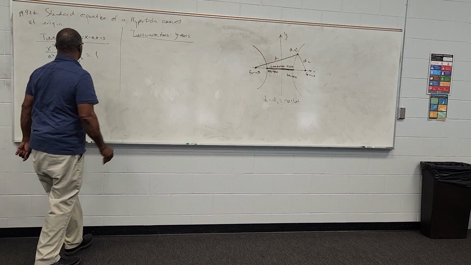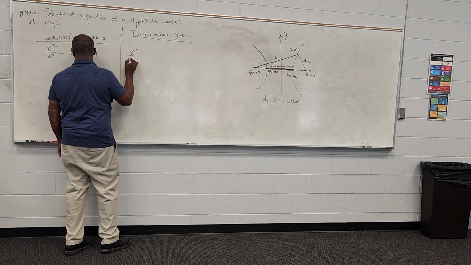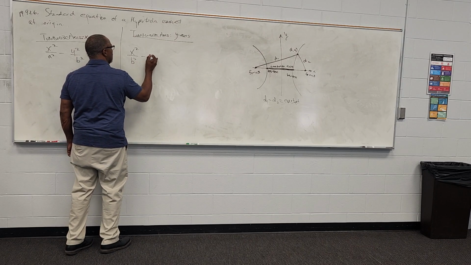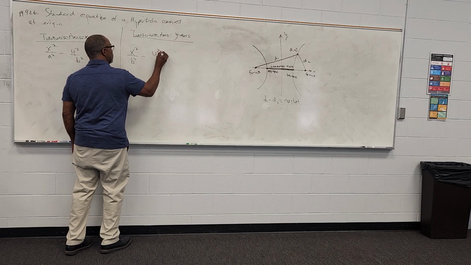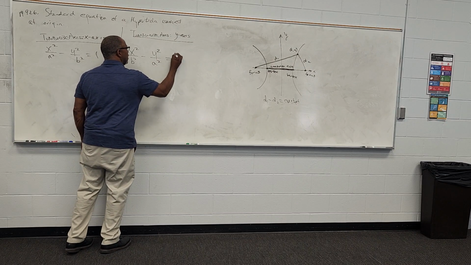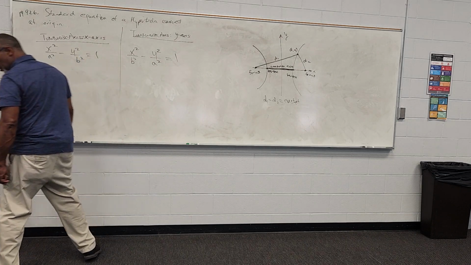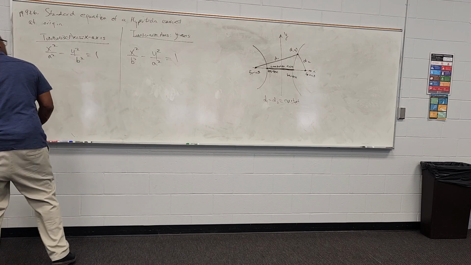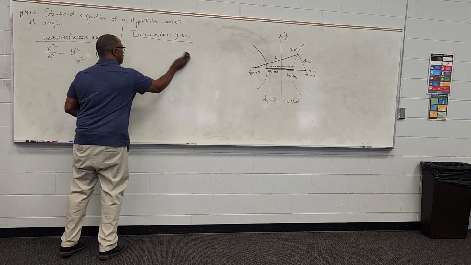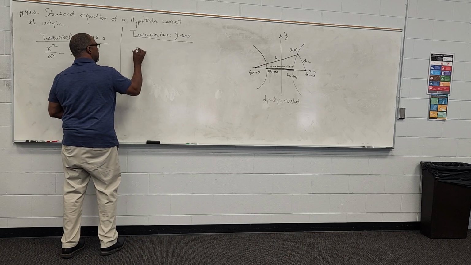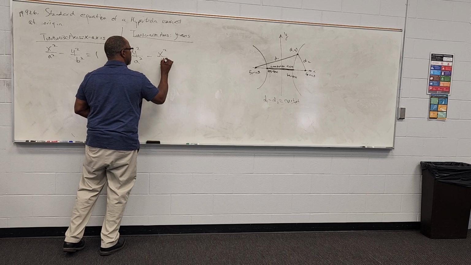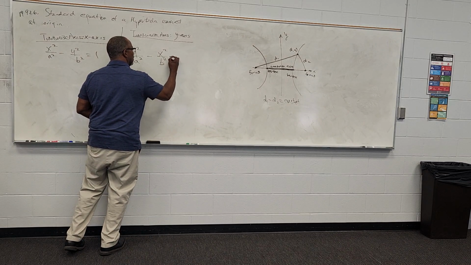If the transverse axis is the y-axis, the equation will look like, well, I'm sorry, I got that backwards: y squared over a squared minus x squared over b squared equals 1.